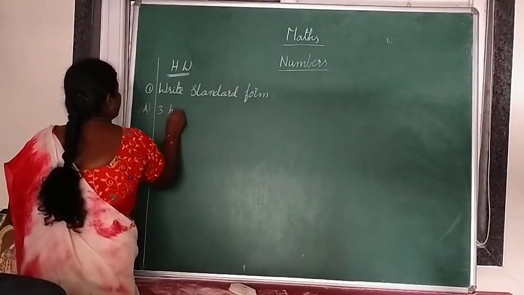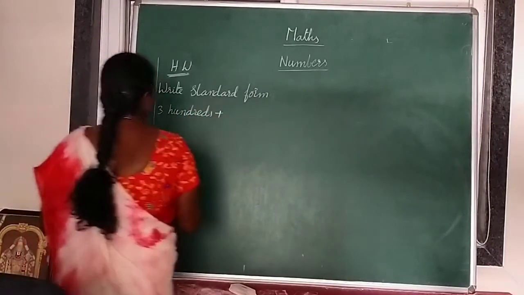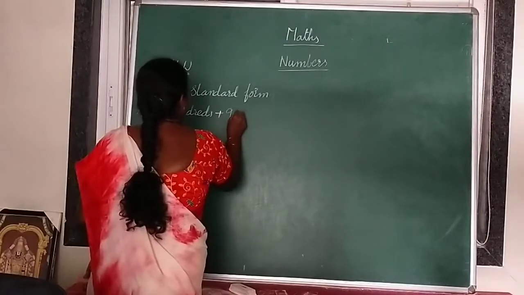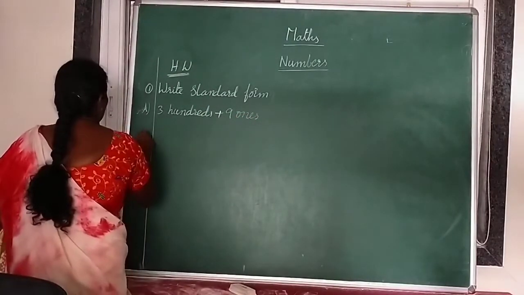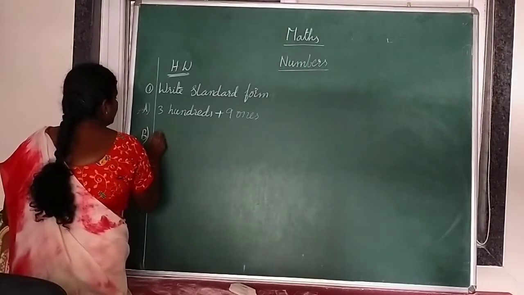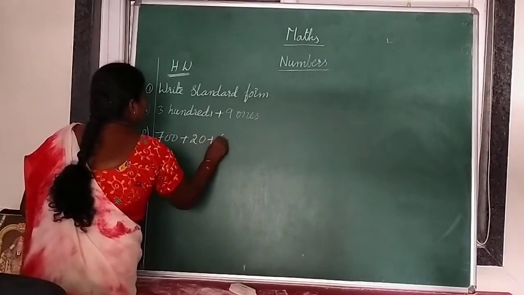Three hundreds plus 9 ones. And next one more. 700 plus 20 plus 6.